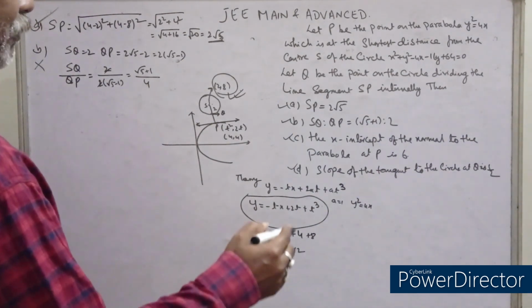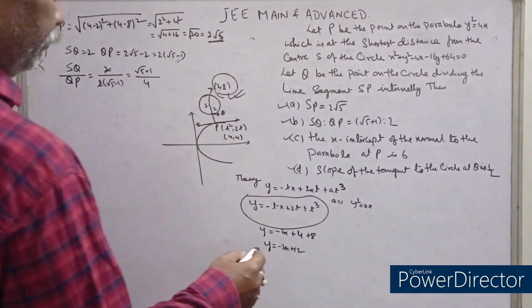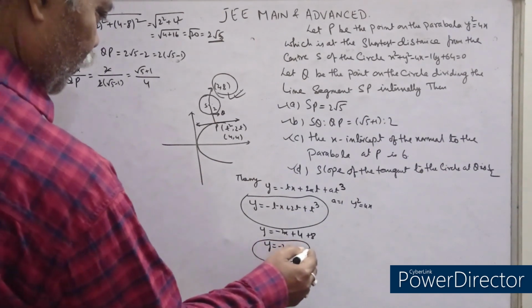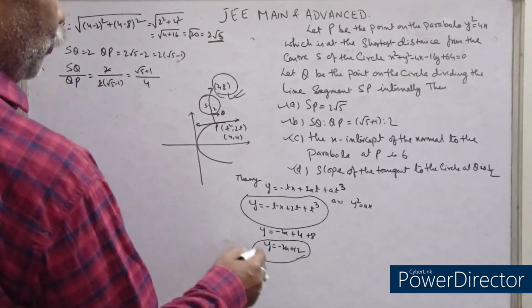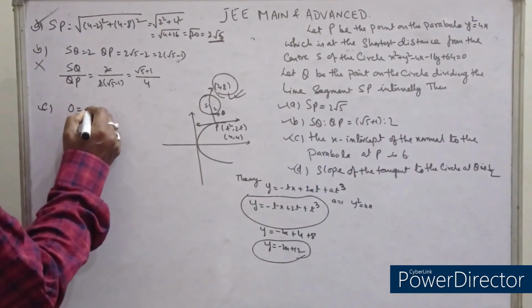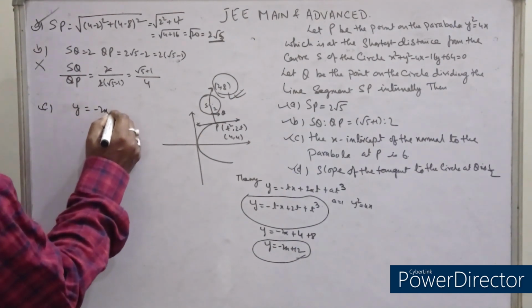Now, the x-intercept of the normal to the parabola at P. This is the equation of your normal. X-intercept means y is 0.